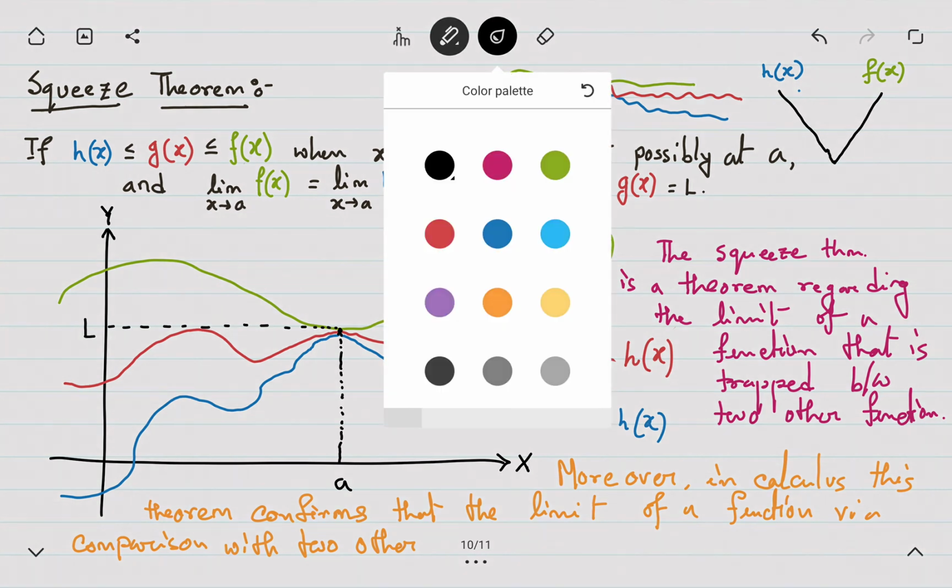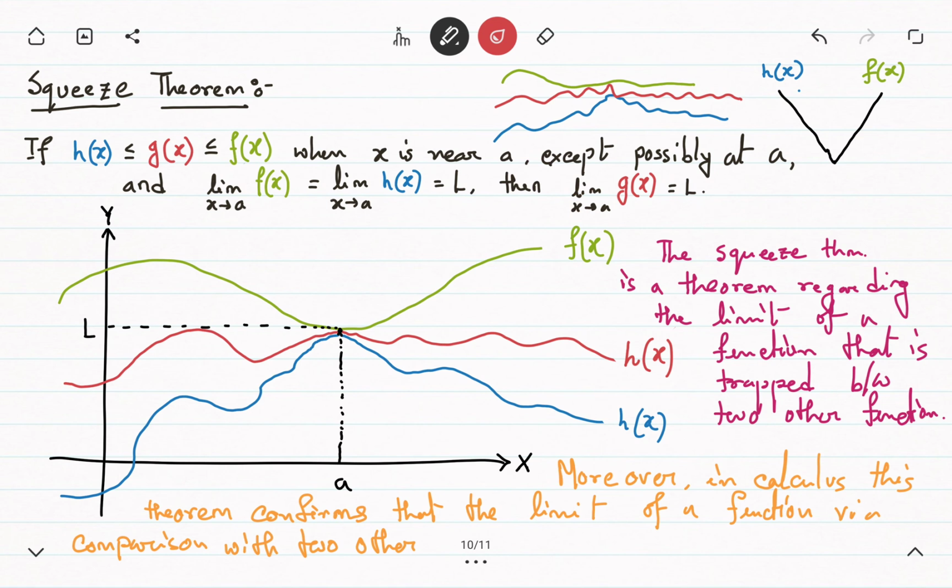Then if there exists a function g(x) between these two functions, this function's limit also approaches this limit.